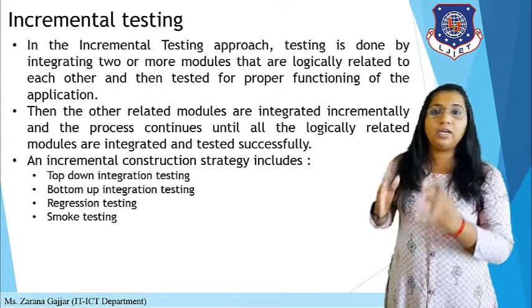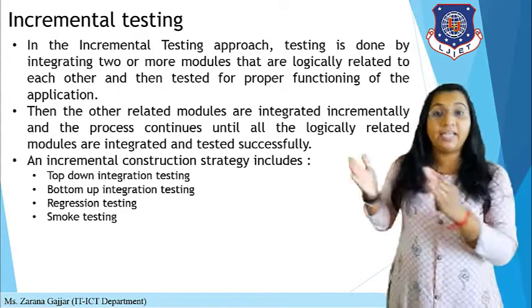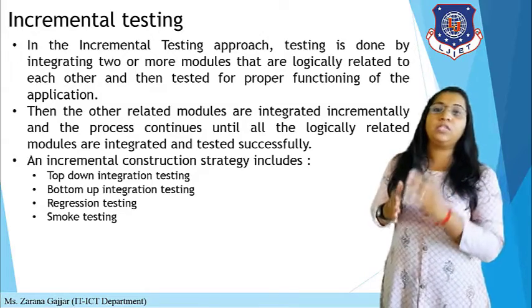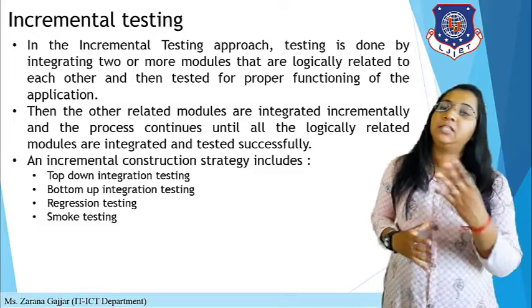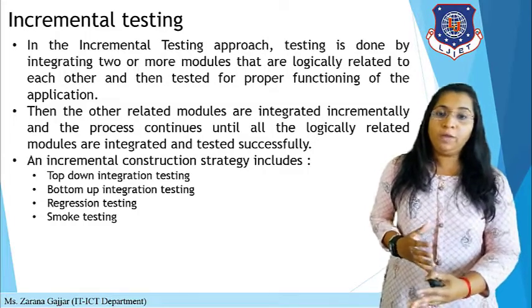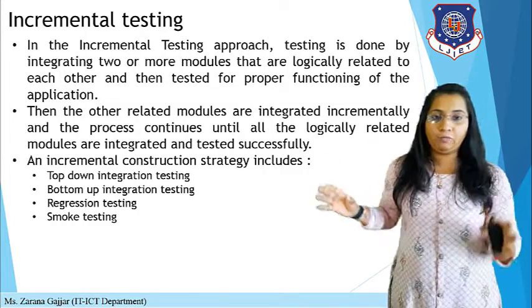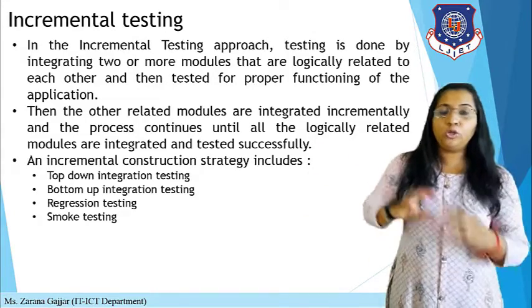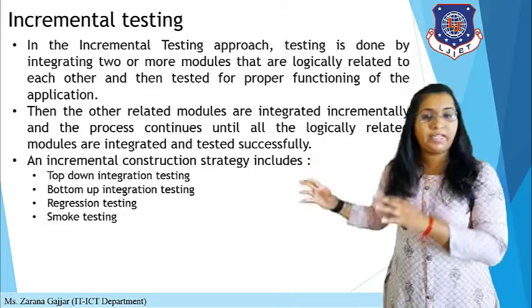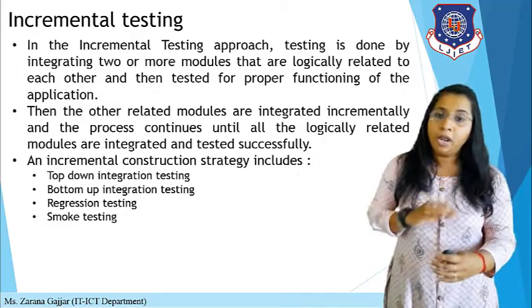So the other related modules are integrated incrementally, and the process continues until all the logically related modules are integrated and tested successfully. If you have developed three different modules for add to cart, address, and payment, you first do unit testing for each and every module.